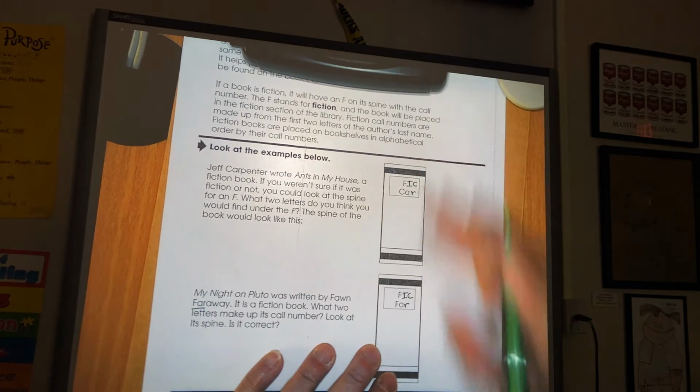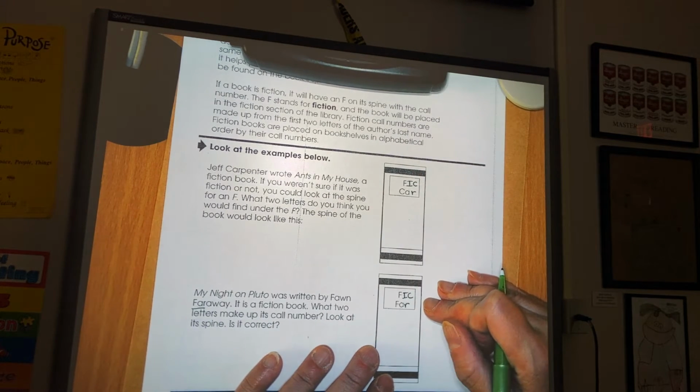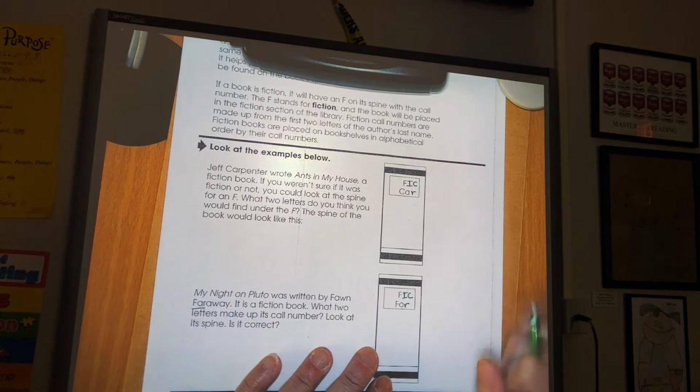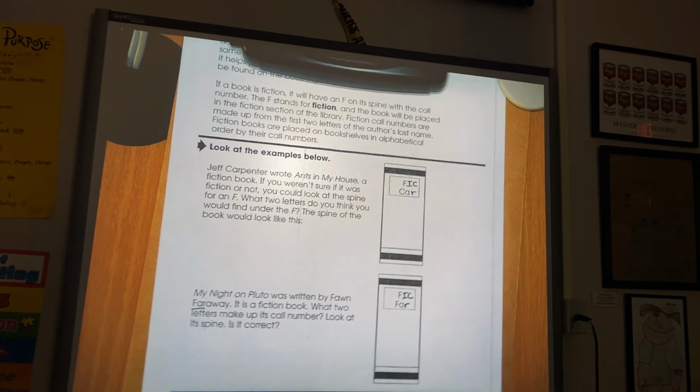So that is how it would be in our library. But today we're just going to work with 2 letters just to get used to working with fiction, working with putting them in alphabetical order, because it can get hard with 3 letters.